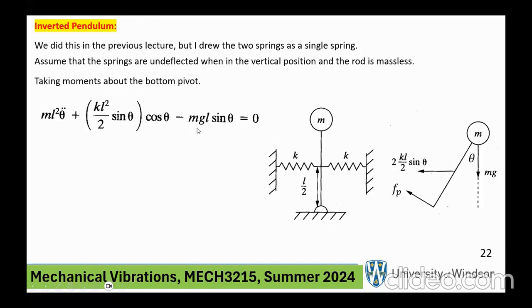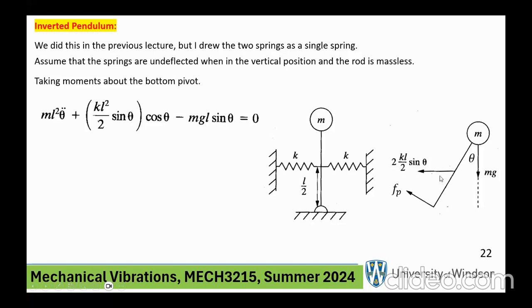Sum of all the moments in the clockwise direction. So this has a moment clockwise about that point. The moment arm is L sine of theta, right there. Mg is on the right-hand side. When it comes to the left-hand side, it becomes negative. And the spring force has a counterclockwise moment about there.